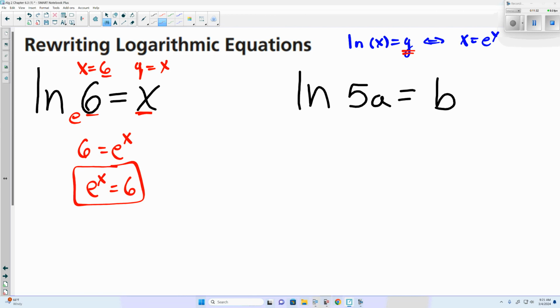So looking at the next one, ln of 5a equals b. Well, what's our base? What's understood to be? E, yes? Ln of x equals y, if and only if x is equal to e to the y. So what number is going to become by itself? Or what spot? Well, it's what's inside the logarithm, yes? So that would be 5a equals e to the b.